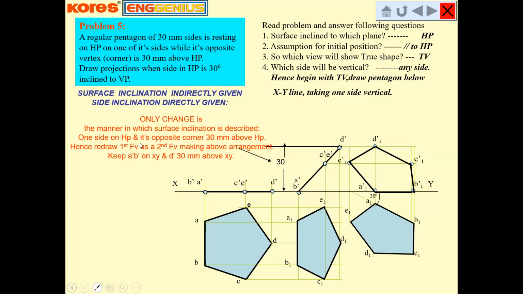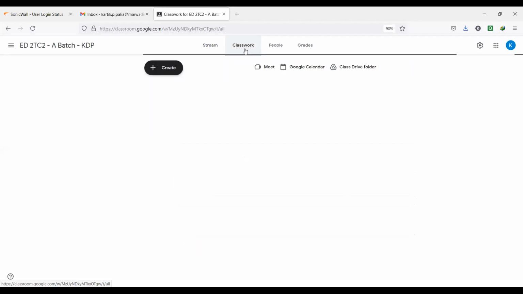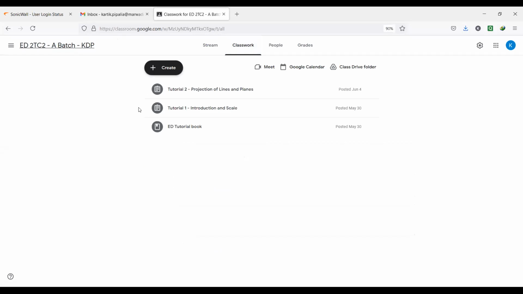See, right now I am showing you the Google Classroom for the A batch. This is for the A batch. The same thing will be there for the B and C batch. See here, for the A batch students, you need to submit two different tutorials. One is the introduction and scale.